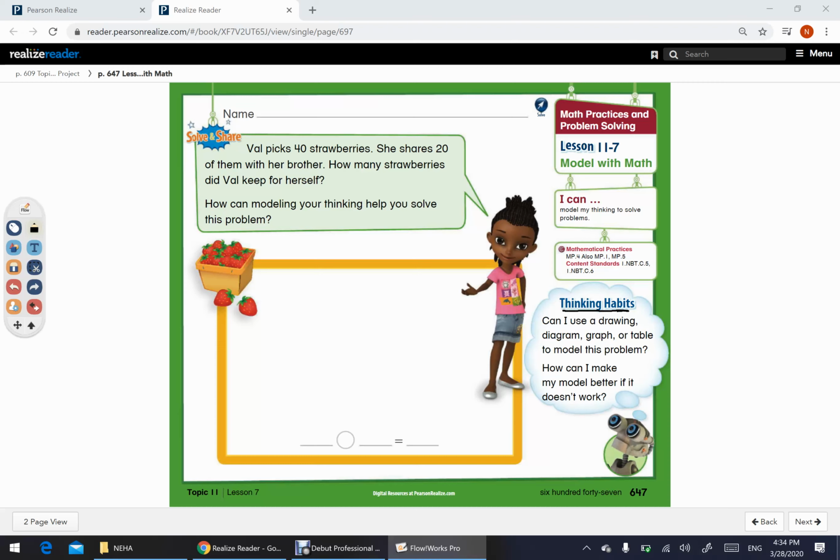Once again, we will model our problem by drawing pictures or using any objects or strategies, and then using those pictures we will write the equation and then solve the problem. Got it? So now, let me just give you one example. What are we actually going to do in this lesson? And then we will continue with the video over here.